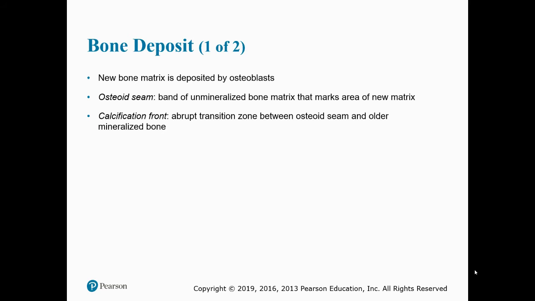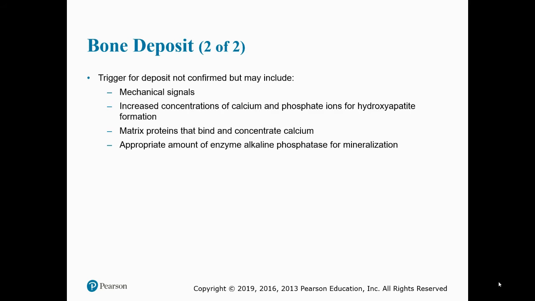And from these crystal formations, we can mineralize that bone, right? It's not only that, but also other things like enzymes such as alkaline phosphatase that are also involved in this mineralization process. So there are a lot of things that need to occur in order for you to actually deposit bone.